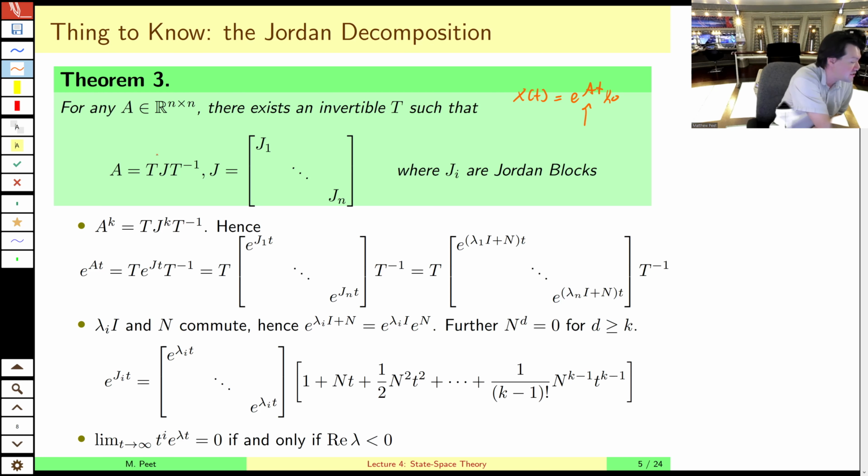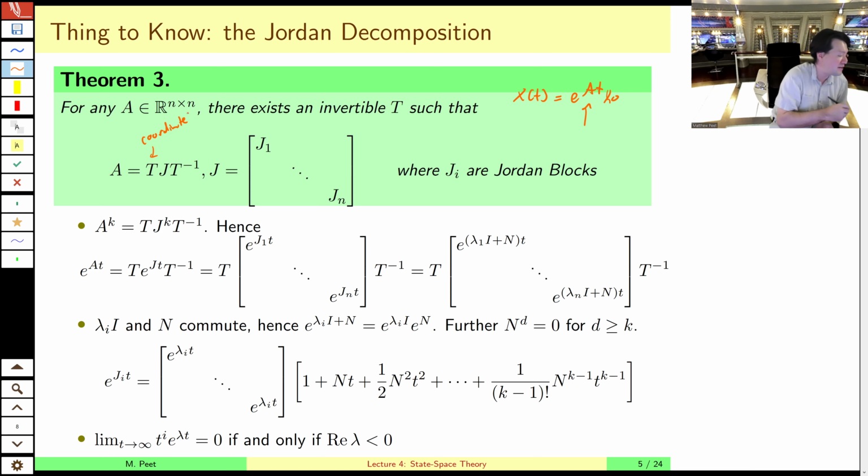In particular, there's a coordinate transformation, an invertible matrix T. Remember, the properties don't depend on the coordinates. This is an important point: a system is stable regardless of how we define that A, because those states are not unique. We could have combinations of those states, which would give us another state representation of the system. But the stability property shouldn't change depending on the representation.